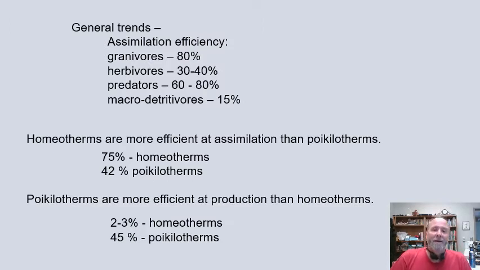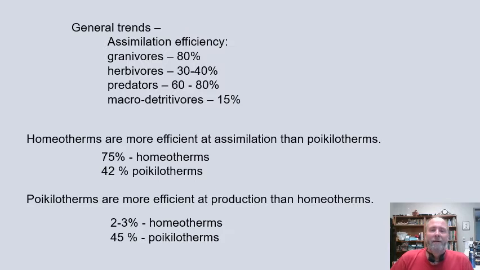Okay. Other patterns that we see within that assimilation efficiency: we tend to see that homeotherms, so remember we talked about adaptations to temperature, that being a homeotherm means that you maintain a constant body temperature, and we think of these organisms as also being endotherms or warm-blooded organisms.